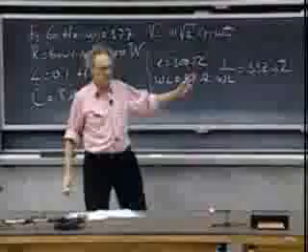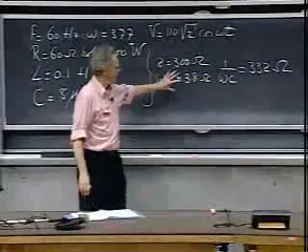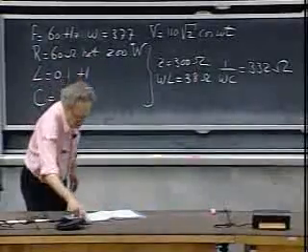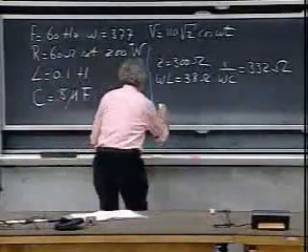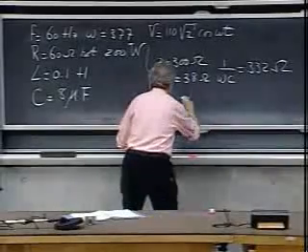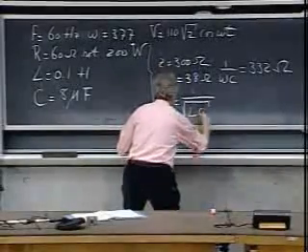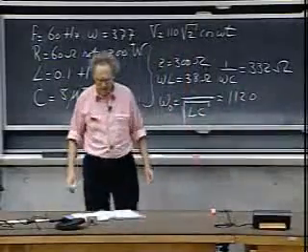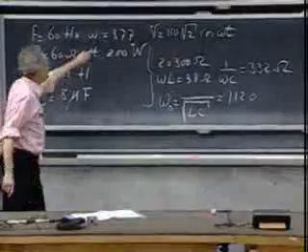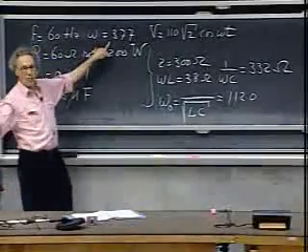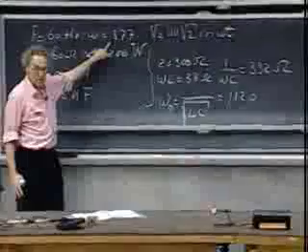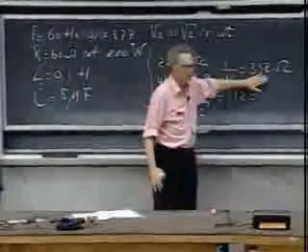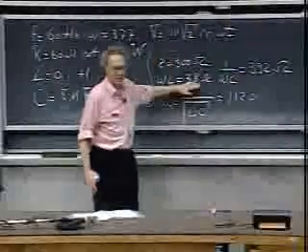So notice that this is by far the dominant player in the game compared to omega L. In case you're interested in the resonance frequency, omega 0 is 1 over the square root of LC, and that is about 1120 radians per second. In other words, my driver is nowhere near resonance. I am way below resonance. When you're way below resonance, it is the C that dominates. Look at the 332 ohms and compare that with the 38.